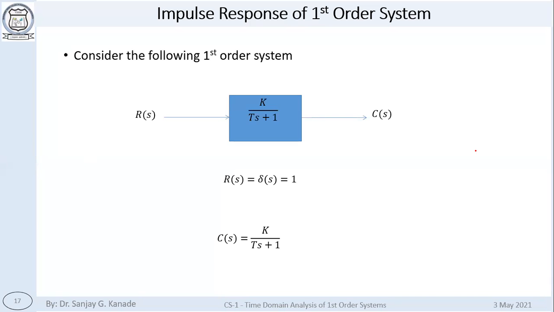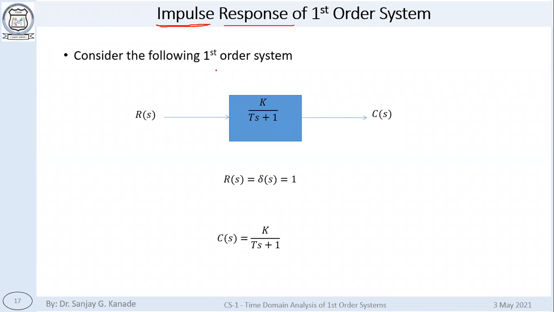Coming to the definition: when we talked about a response, what is a response? We have seen in today's lecture in the beginning that a response is the output of a system for a given input. So if I give an impulse signal as an input, whatever output I get is called the impulse response.